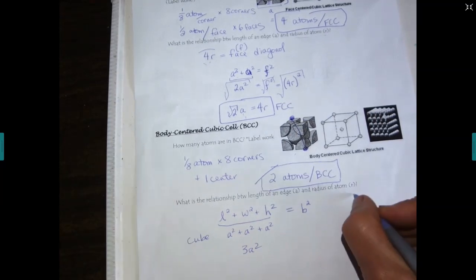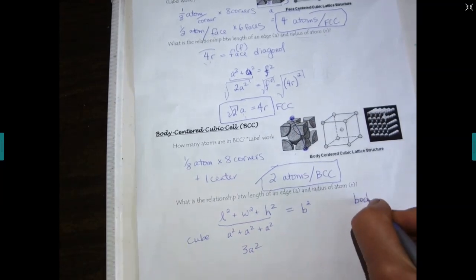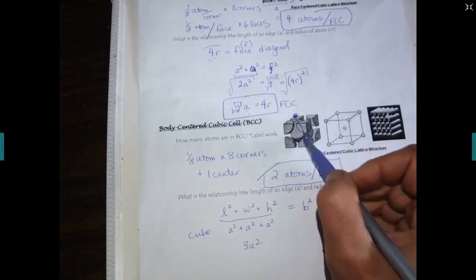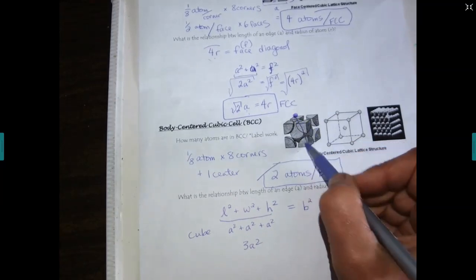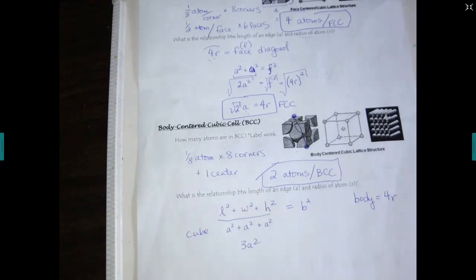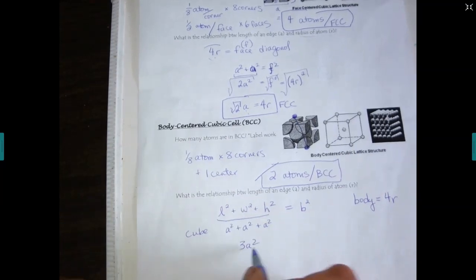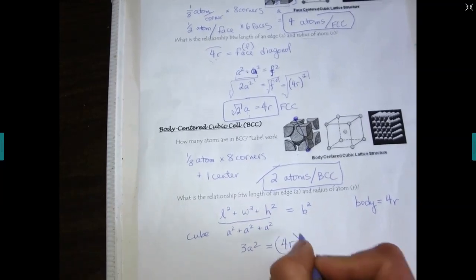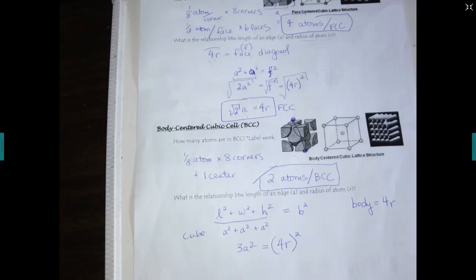And along the body diagonal, you have 4 radii. So we go across this whole circle, and then through these 2 partial circles, which are 4 radii total. So we get 3a squared equals b squared, which is 4r, and that 4r will be squared.